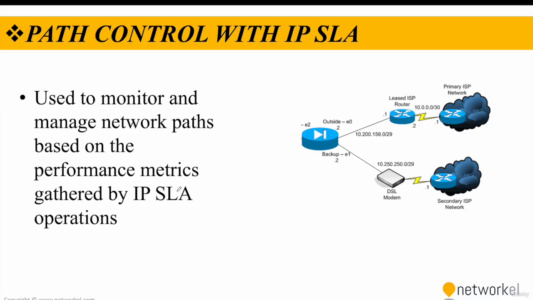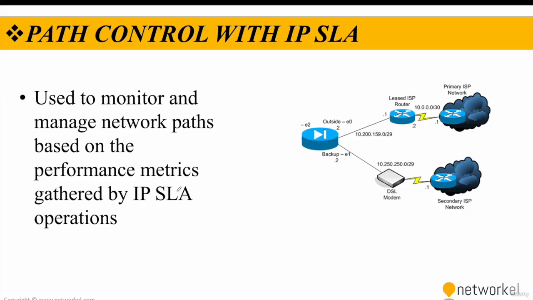IP SLA can perform multiple tests such as ping, ICMP echo, TCP connect, HTTP, and more to measure network performance, and it provides data on round-trip time, jitter, packet loss, and response times.